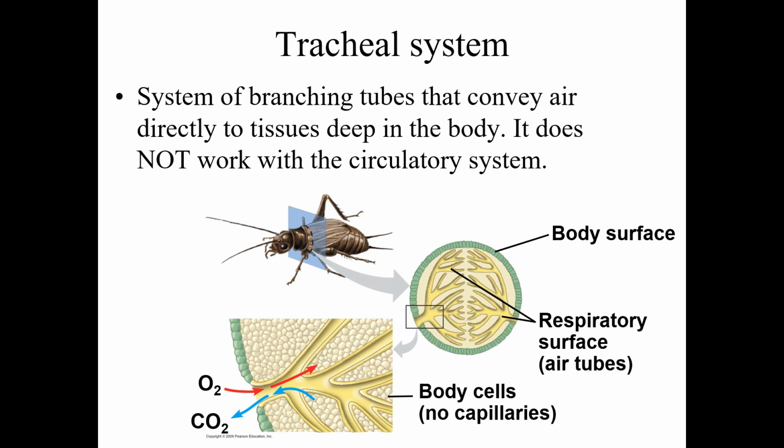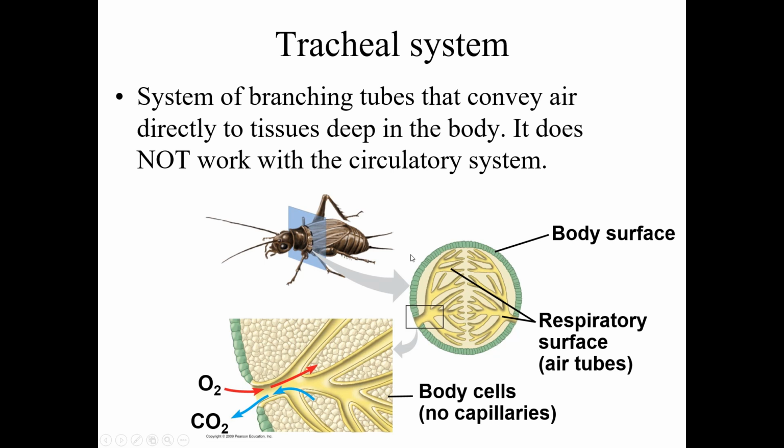Next up, tracheal system or tracheal tubes. You're going to find this in some terrestrial insects that have decoupled the circulatory system from the respiratory system. So for you guys, your circulatory system is what's going to transport your respiratory gases around in your body, and so they have to work very closely together, your circulatory system and respiratory system. But here they don't.